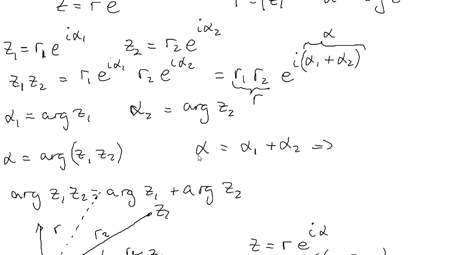So what we see here is that when α1 is the argument value of z1 and α2 is the argument value of z2, then this new α value for the product, which is the argument value of z1 z2, can be written as a sum of these two alpha values.